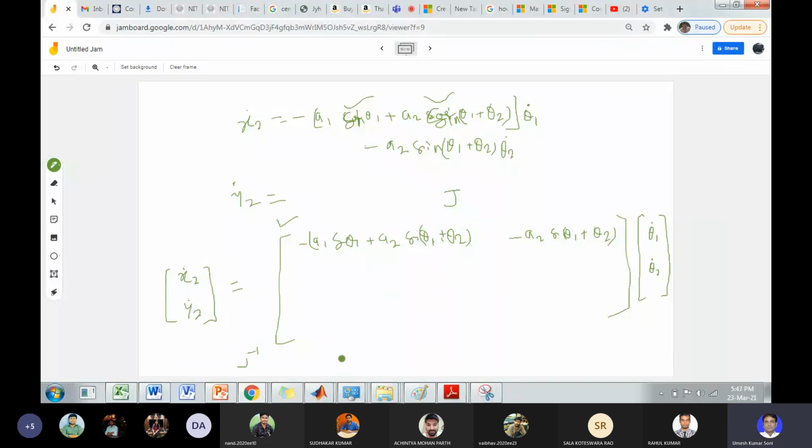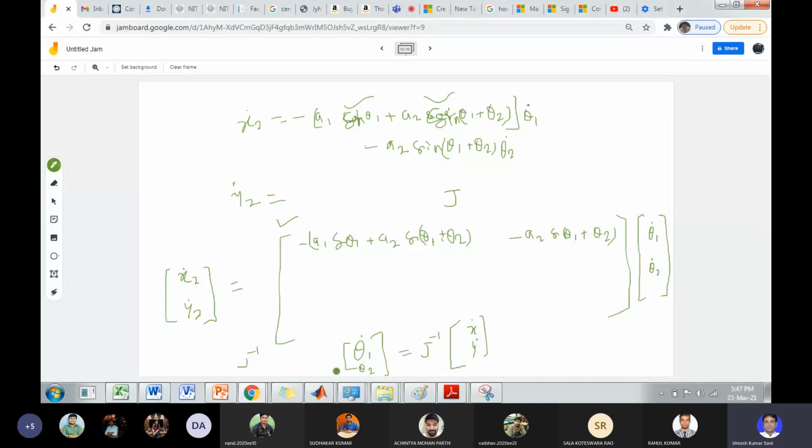Okay, and now you can find out the theta 1 dot and theta 2 dot in terms of tool velocity. Okay, x dot y dot.